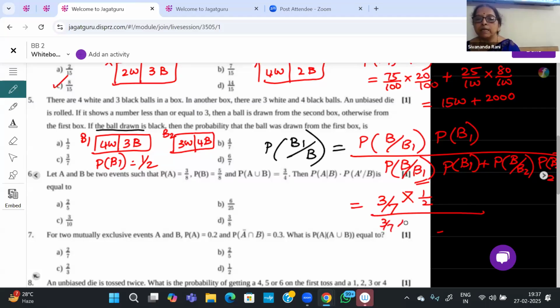And same things in the denominator, plus, what is the probability of black from bag 2? This 4 by 7 into. Of course, these probabilities should be complementary. There are only 2 bags, right? No, these should be complementary.